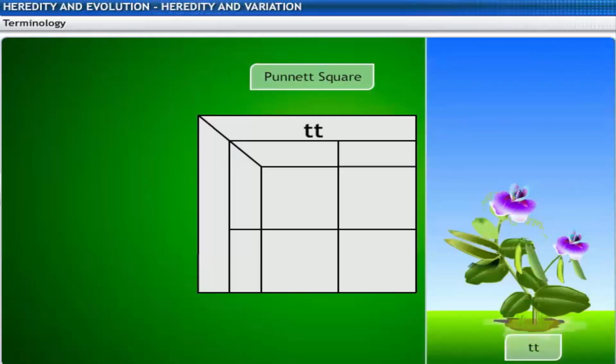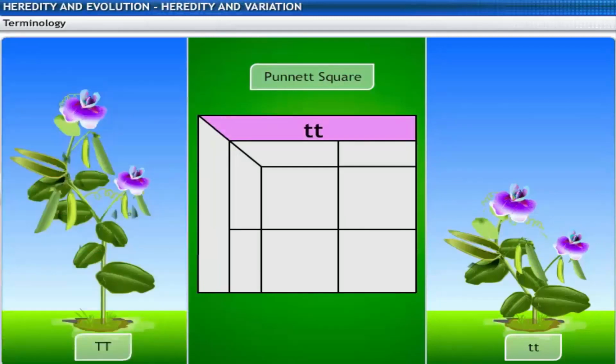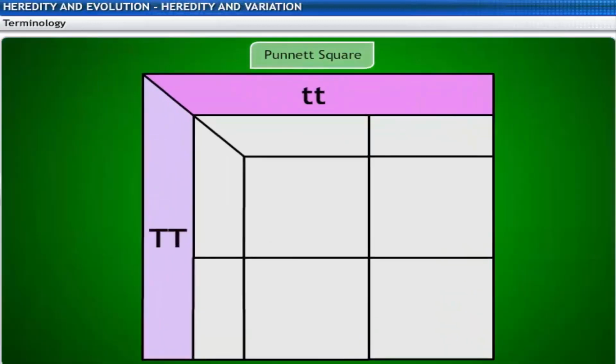Place the genetic combinations of the parents, like parent tt, along the right of a grid, and the other parent TT along the left of the grid, and the alleles of the gamete T and t below the parents.